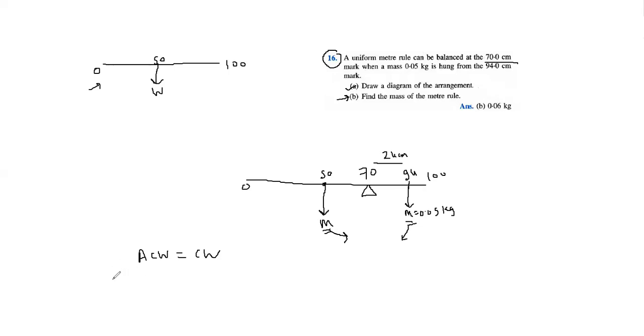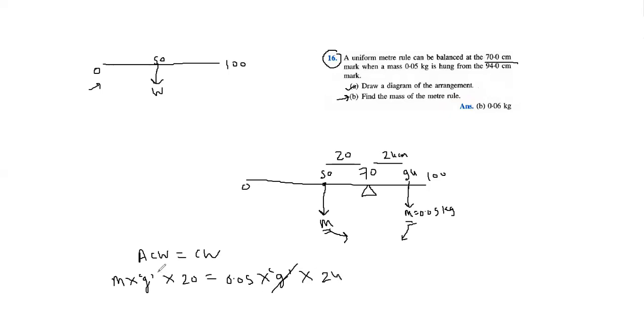So it would be m into g, because it's weight, into 20, the distance from the fulcrum. And clockwise, the mass is 0.05 kg, multiplied with g to get the weight, into the distance, 24 centimeters.